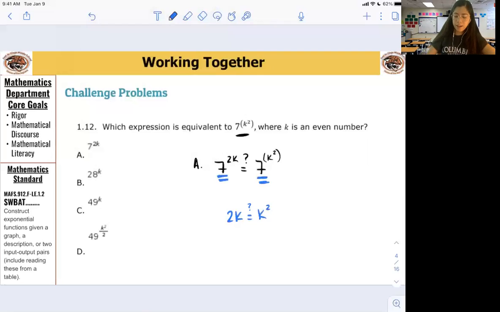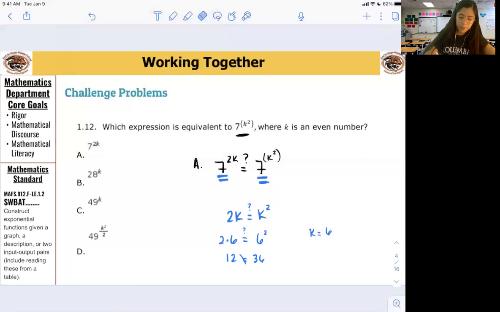Let's just pretend for a second that k is 6. Is 2 times 6 the same as 6 to the power of 2? No, because what's 2 times 6? 2 times 6 is 12. And 6 to the power of 2 is 36. So those do not mean the same thing.